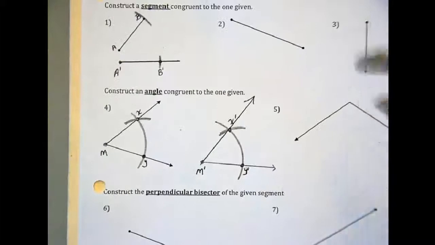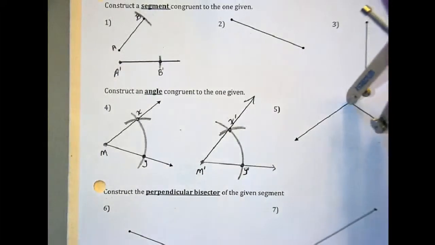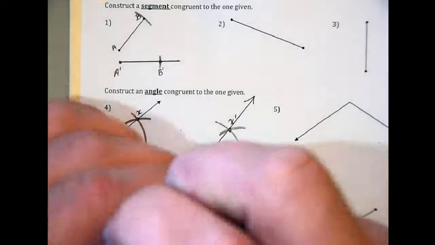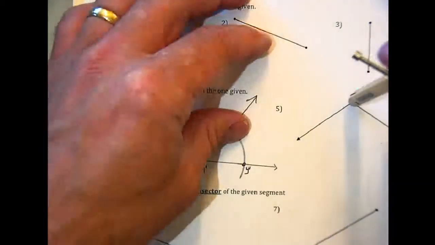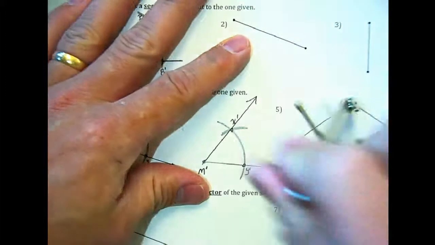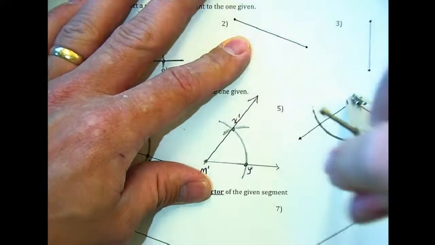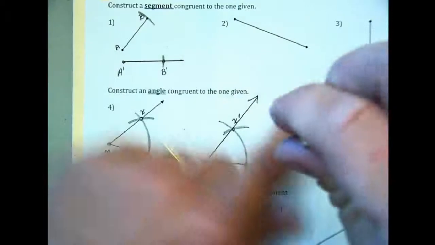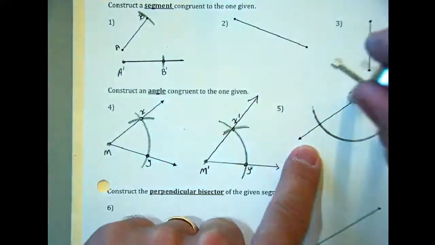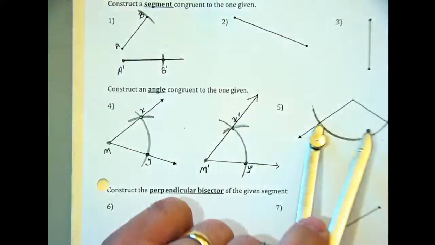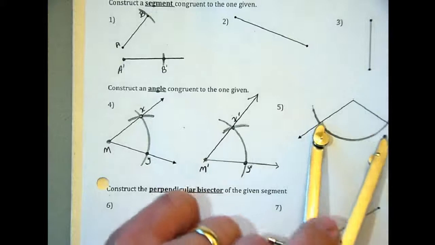Okay, a couple things. I've seen a few of you are struggling. Some of you are forgetting that after you make your quick arc here, so you swing this out, you make your arc. Then after you duplicate that arc on your other angle, then you've got to measure this width, the width of the angle.